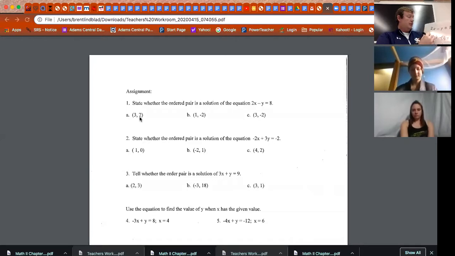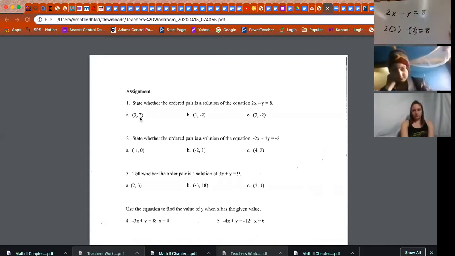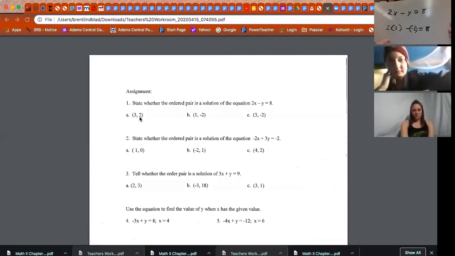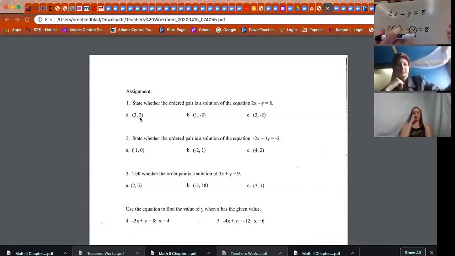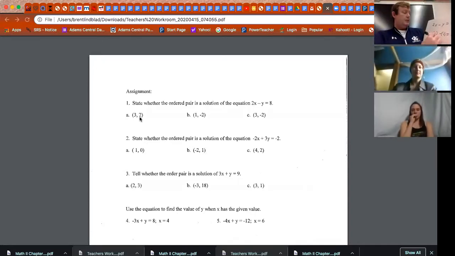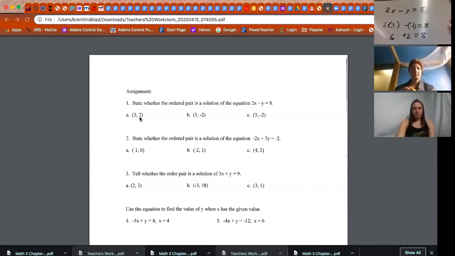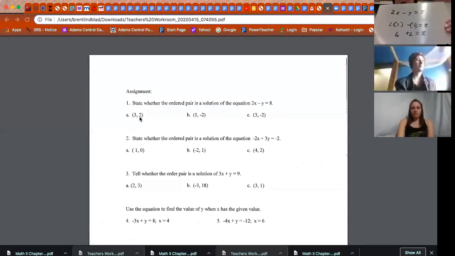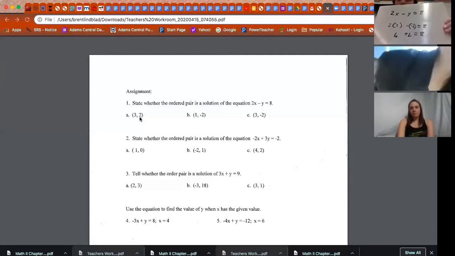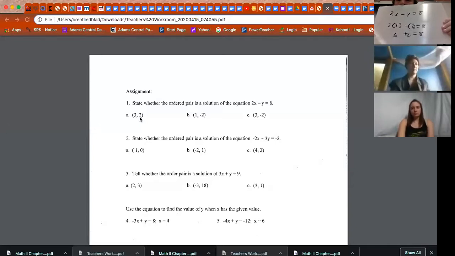But let's look at that last one. The ordered pair is 3 and -2. So now we have 2 times 3 is 6, and then the opposite of -2 is +2. That actually does work. Do you see how that works? So the answer to number 1 would be C. Now, I want you to make sure and try every single ordered pair, because there might be more than one correct answer.